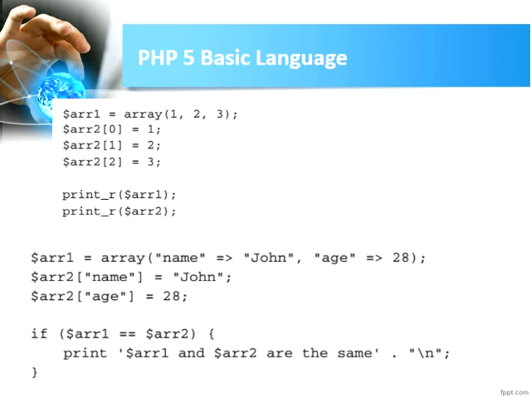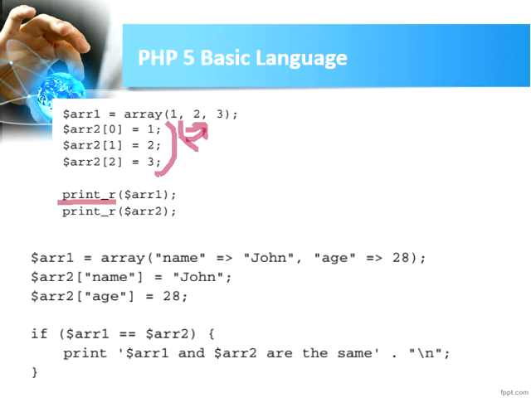When we write $array1 = array(1,2,3), it's equivalent to writing this one: $array1[0] = 1, $array1[1] = 2, $array1[2] = 3. After that, for the display, for the question of Mr. Ahmed, we can use print_r. So print_r, not print.